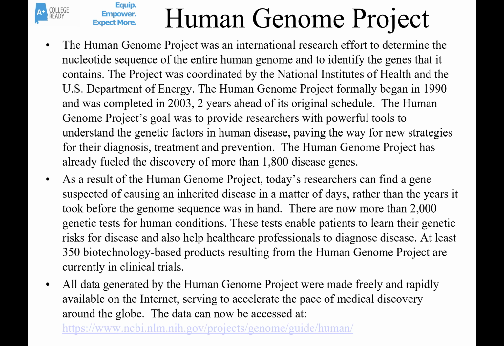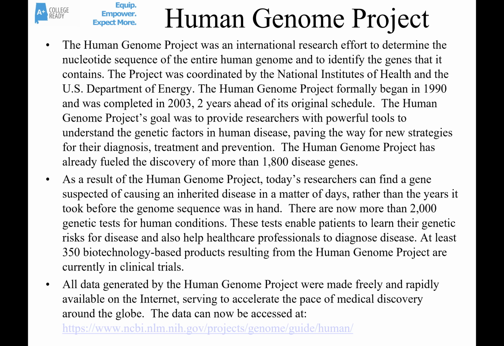The outcome of this project is now leading to the development of treatments. And those are going to take time, but there are at least 350 of those now in clinical trials. All of the data generated by the Human Genome Project were made freely available on the internet so that all scientists around the world, not just those in the US, could use the information and develop these new therapies and treatments and diagnostic tools.